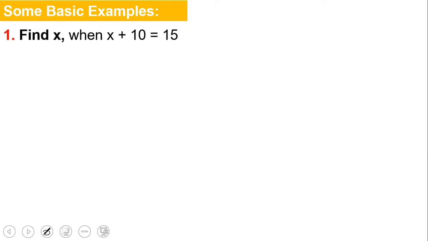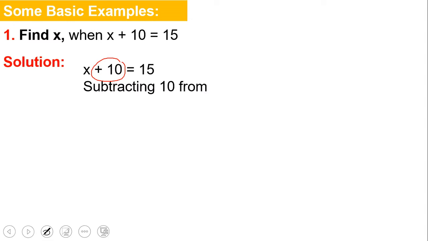First example: find x when x plus 10 is equal to 15. Let us have a solution. x plus 10 is equal to 15. Now here 10 is in addition. What is the opposite process of addition? Subtraction. If we want to remove this 10 from the left hand side, as we want to find x, we have to subtract 10 from both sides.